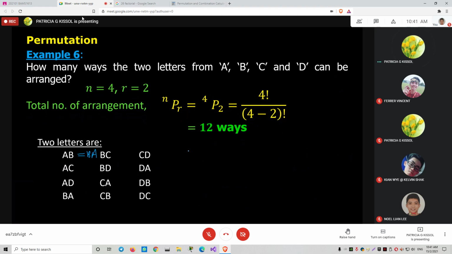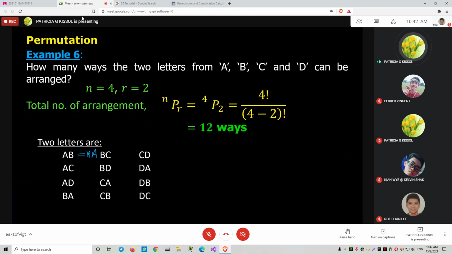That means order matters, position matters, because you have 4 to choose from, A, B, C, and D, and the condition is you want to select 2. Permutation means order is important.